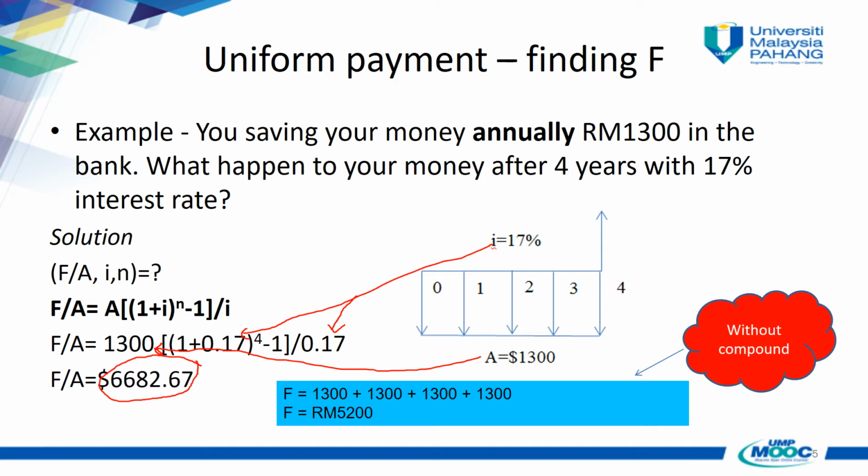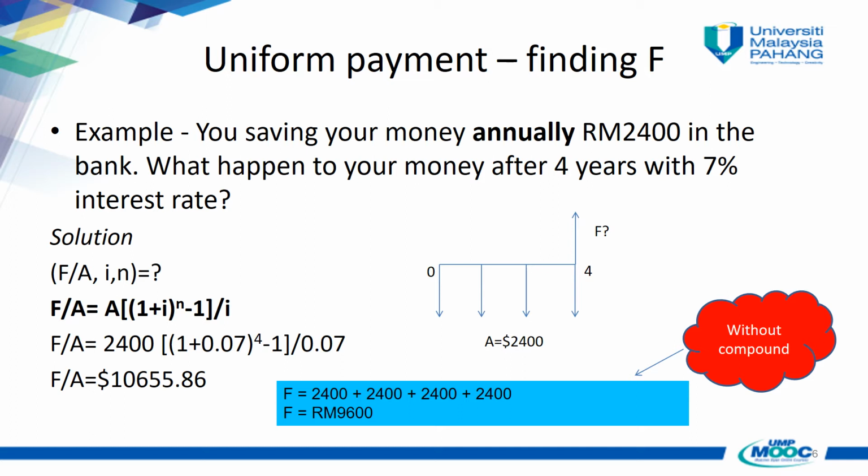If we use simple interest, our money is only 5,200 ringgit in 4 years. A lot of advantage for this uniform payment based on the compound interest compared to simple interest.